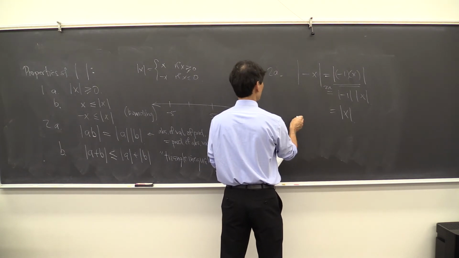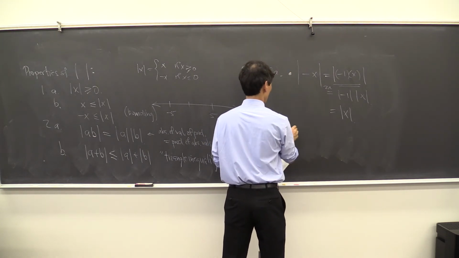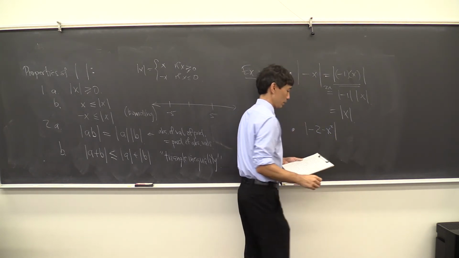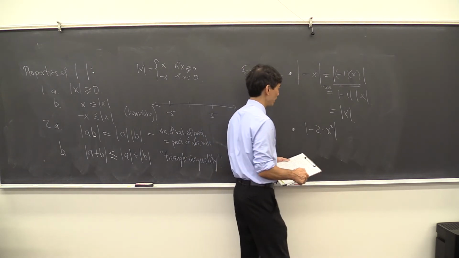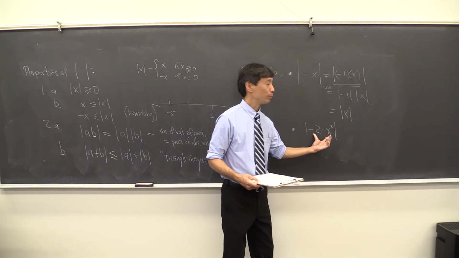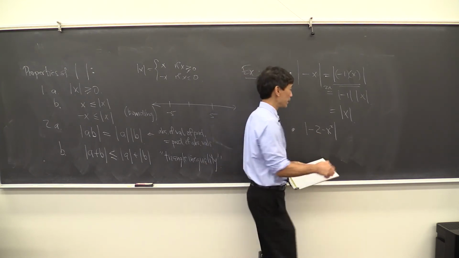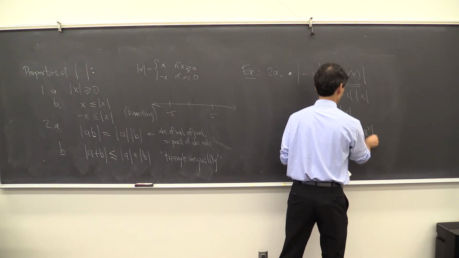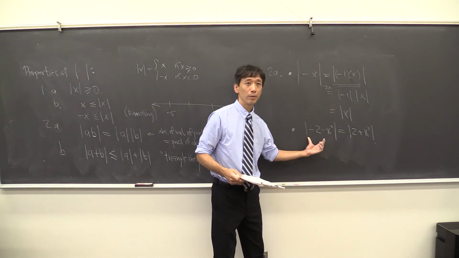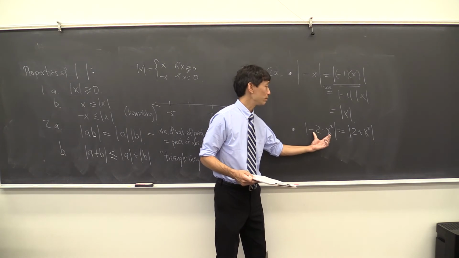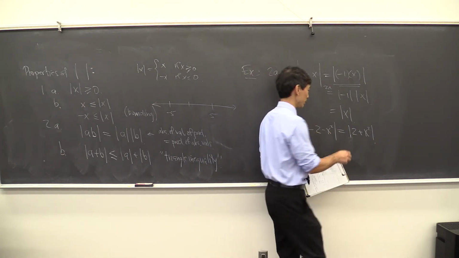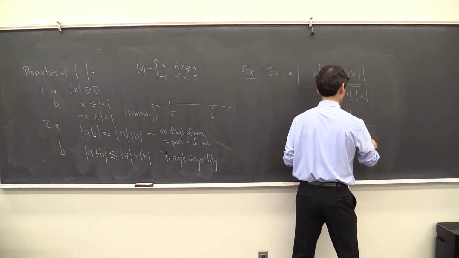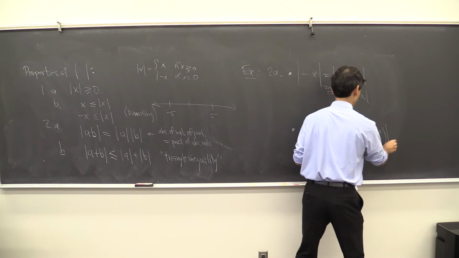Right, sort of along the same lines, if I have the absolute value of -2 minus x squared, then I can pull out a -1, right? I can just say that this is the absolute value of 2 plus x squared. Everybody see that? Because I'm just factoring out -1 times 2 plus x squared, right?